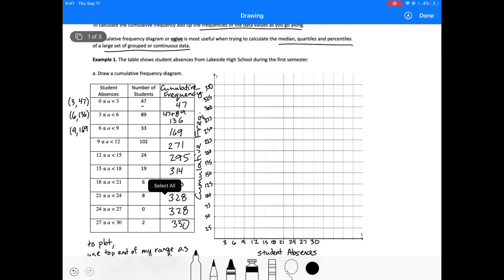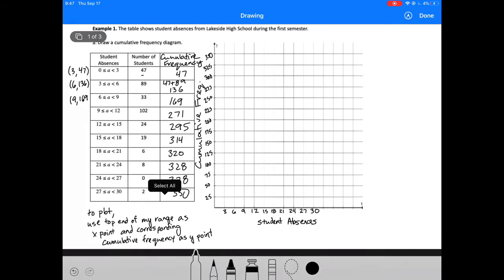So we're going to put those plot points on the graph. So we've got 3, 47, 6, 136, 9, 169, 12, 271, 15, and 295.